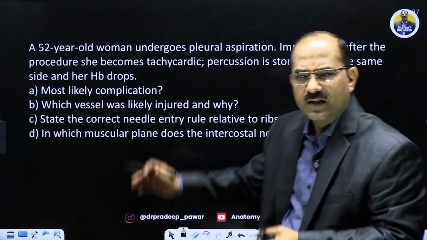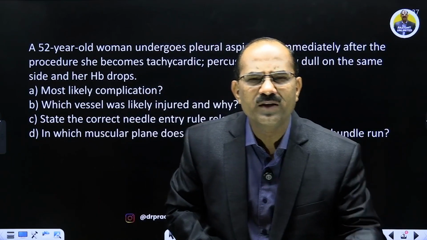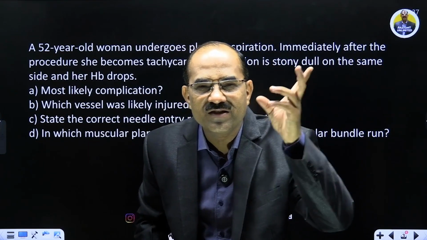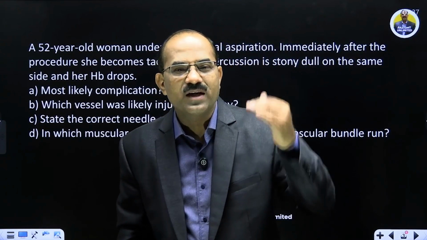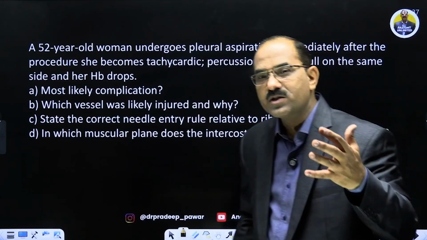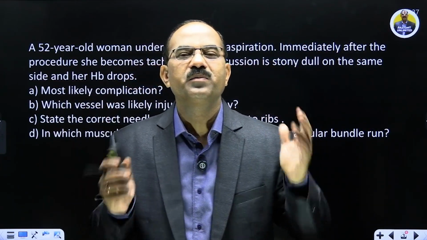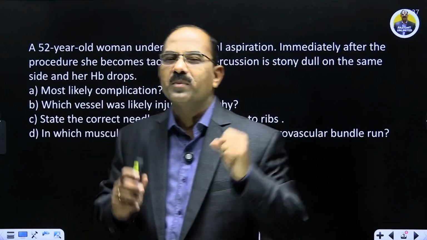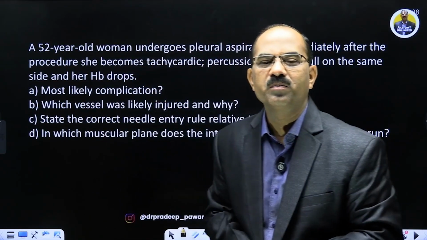The hemoglobin is dropping. That means some vessel is pierced. That means the person is bleeding. Dullness is because of accumulation of blood in the pleural cavity. Normally there's air, so now there's accumulation of blood, so there's a dull note on percussion.